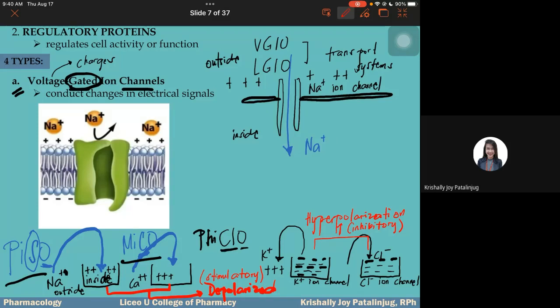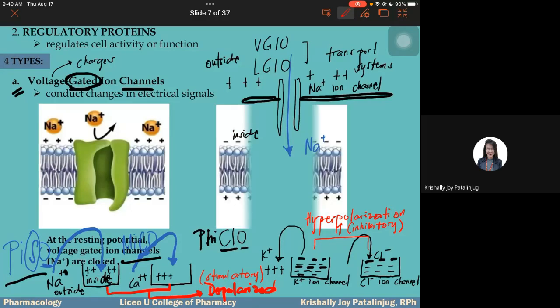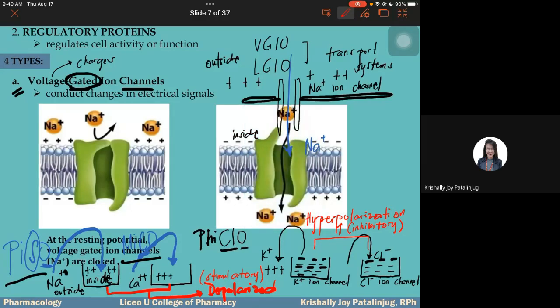Okay, so that's what the illustration is all about. You have there the resting state of a sodium ion channel, still closed, but it detected too much positive outside of the cell, so the sodium ion channel will open. It will cause influx of the sodium ions in the cell.